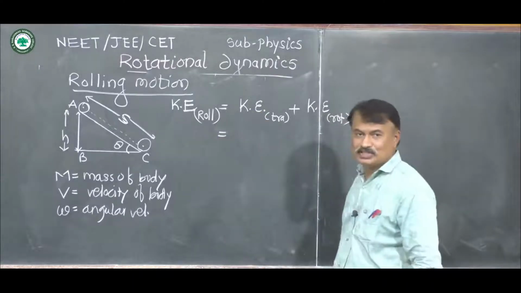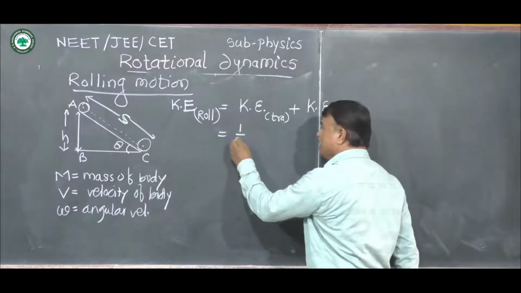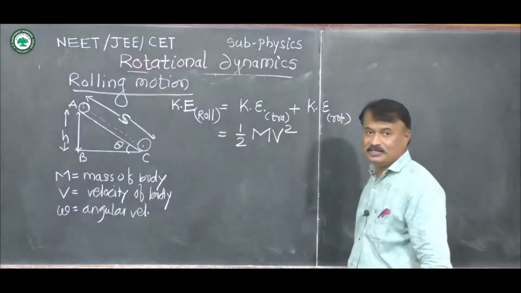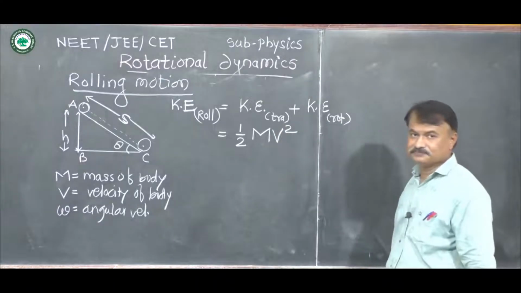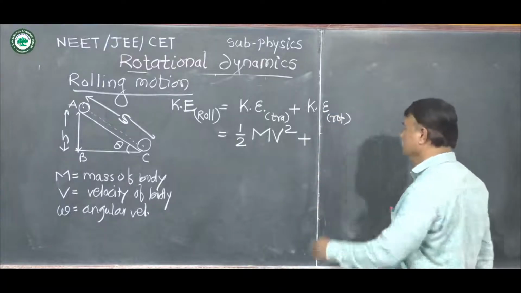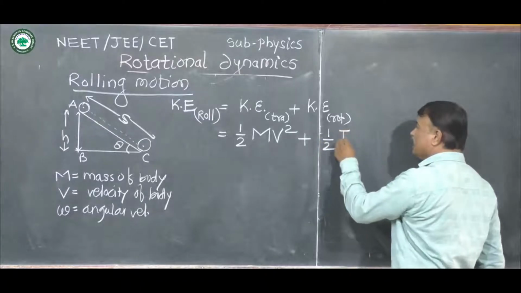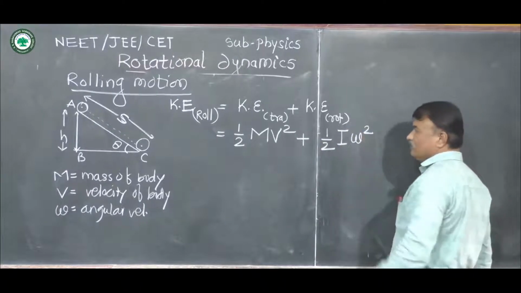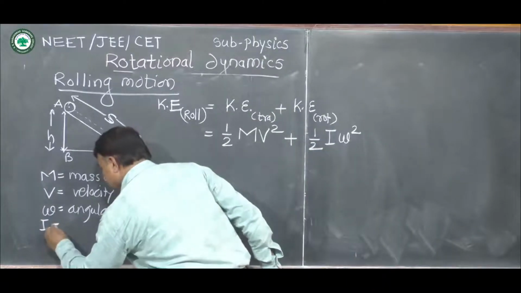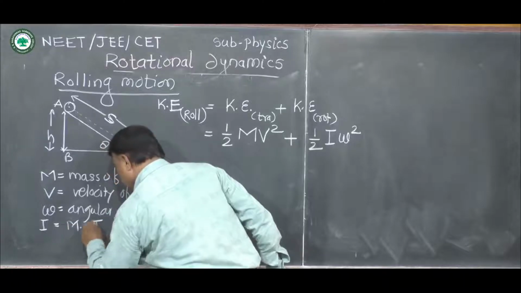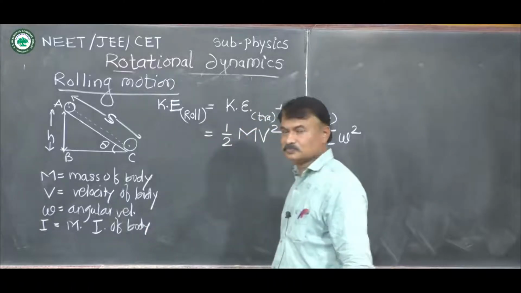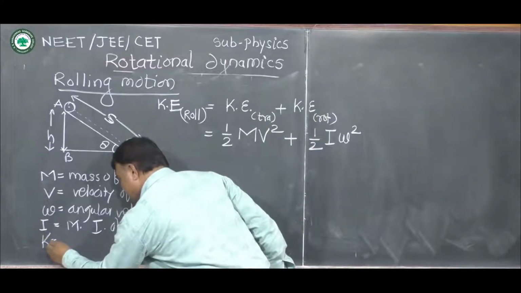For translational motion, the kinetic energy has the formula half mv square, where m is the mass of the body and v is its linear velocity. The kinetic energy for rotational motion is equal to half I omega square, where omega is angular velocity and I is the moment of inertia of that body. And k is the radius of gyration.